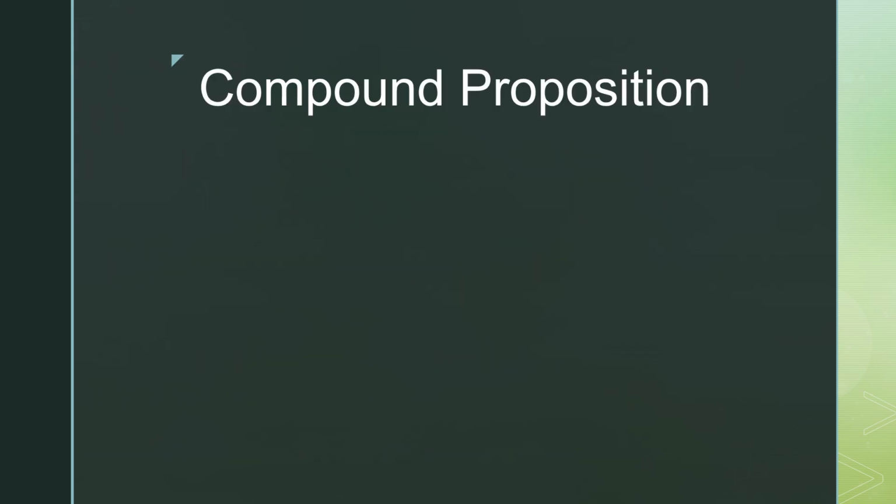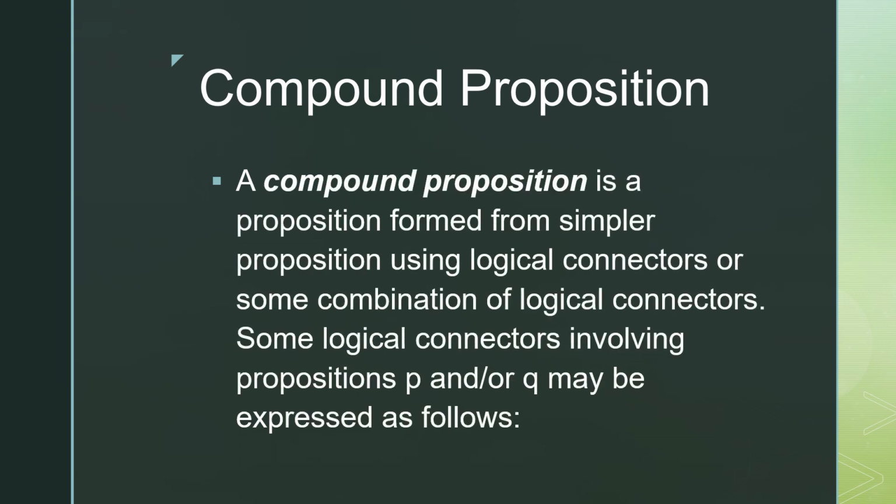So, we have two types of proposition, the simple proposition and the compound proposition. A compound proposition is a proposition formed from simpler propositions using logical connectors or some combination of logical connectors.